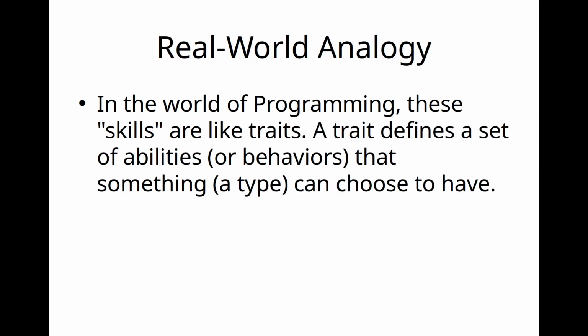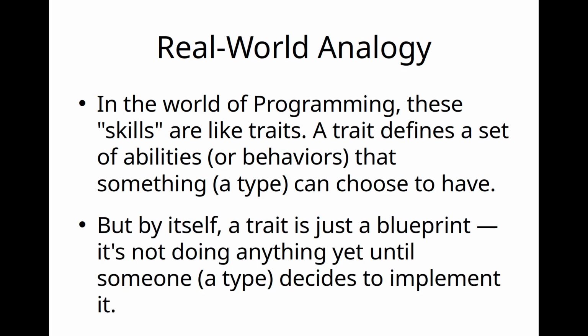And in the world of programming, these skills are like traits. A trait defines a set of abilities or behaviors that something, which could be a type, can choose to have. So a type can choose to have a particular element of that set of behaviors, and it implements that depending on the needs.